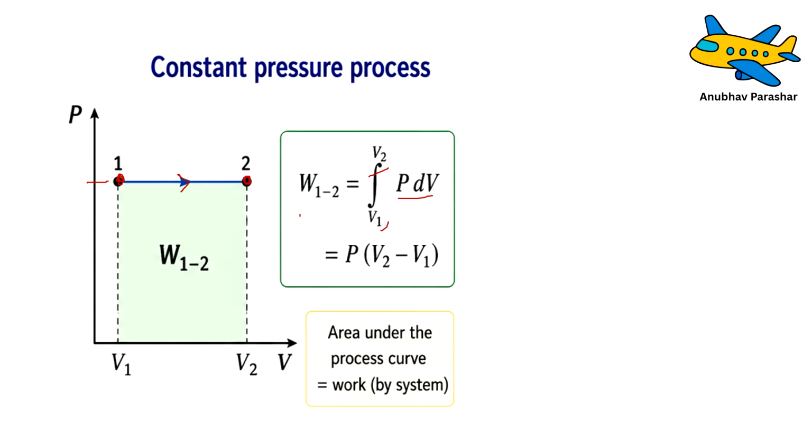The pressure is constant, let me say the pressure is P. Integration of dV will give V2 minus V1. So this is very simple, and you can see this is nothing else but the area of the rectangle under the process curve. So it is very easy to calculate the work done in a constant pressure process.